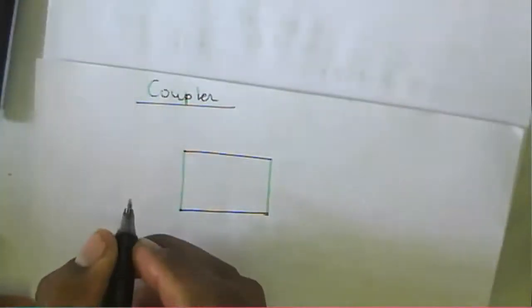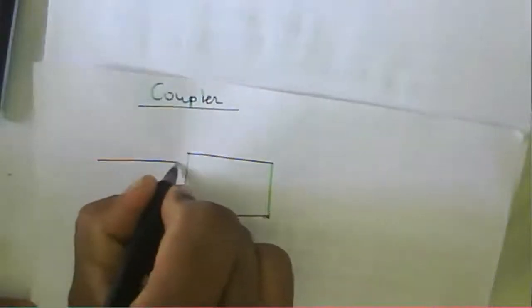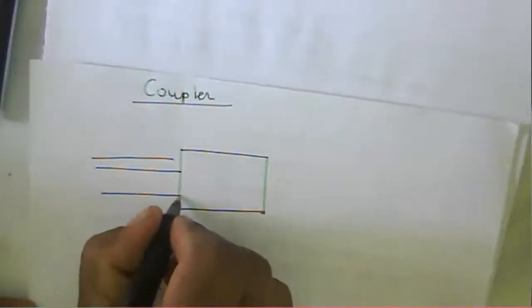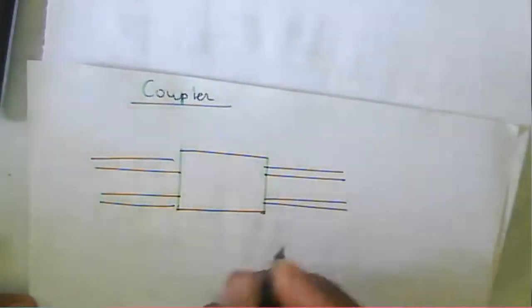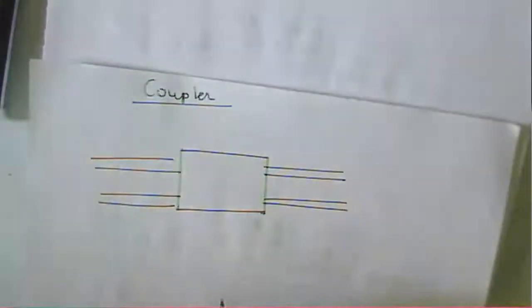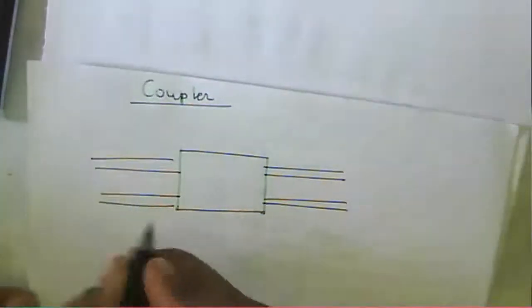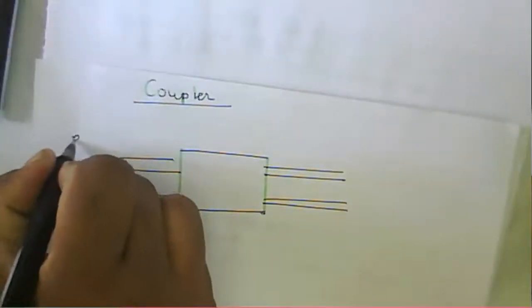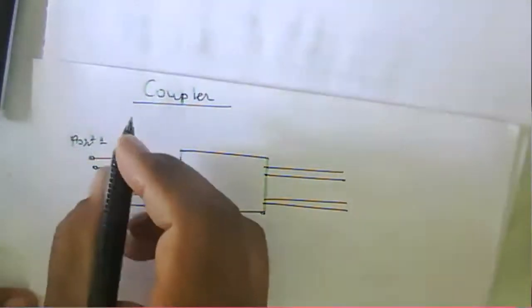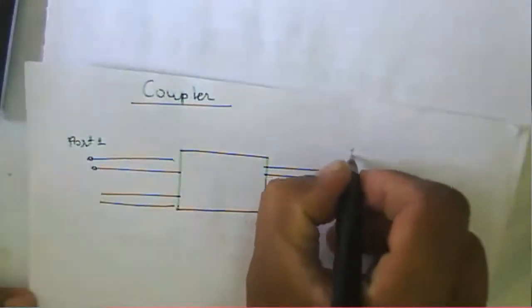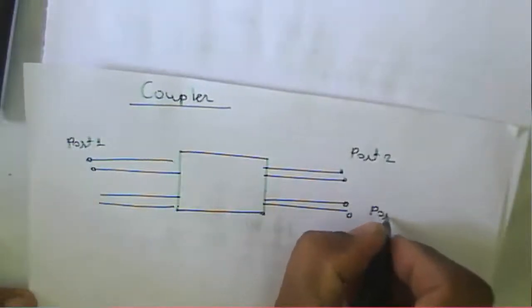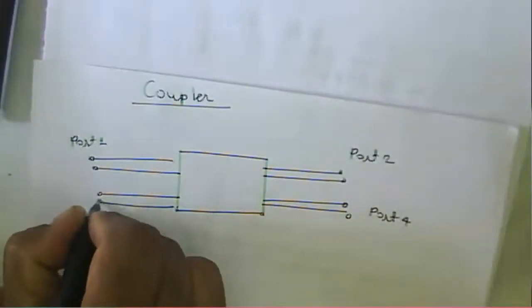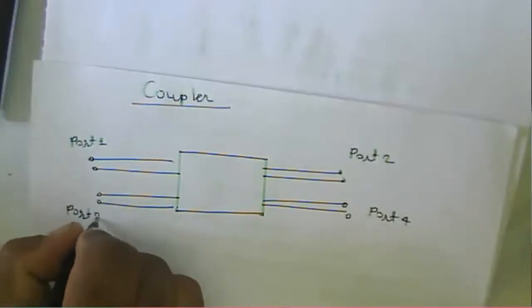In the case of a coupler, what happens? A coupler is nothing but a 4-port device, but it provides the input or couples the power in a forward direction. So you can consider that this is port 1, this is port 2, this is port 4, and this is port 3.